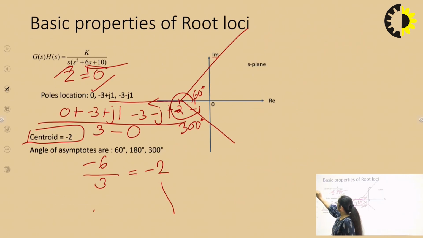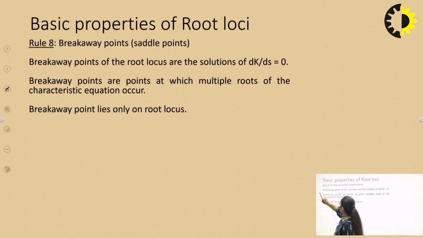Next rule is rule number 8. Rule number 8 talks about the saddle points, that is the breakaway points. Now, when the root locus starts at an open loop pole on the real axis, and it has to tend to infinity, it will break at a certain point on the real axis and then reach infinity.